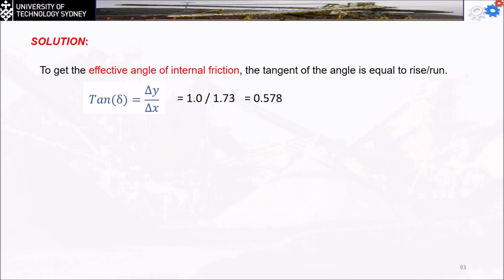Now if I take the inverse tangent, I will get the value of delta. So delta is going to be equal to the arc tangent of this value, and we're going to finish up with 30 degrees.